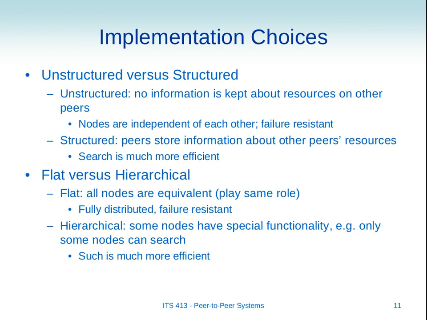In a purely unstructured peer-to-peer system, no information is kept about resources on other peers. Each peer only manages its own information. Peer 4 only knows about resource R1 and R5. It doesn't keep an index of what other peers have.